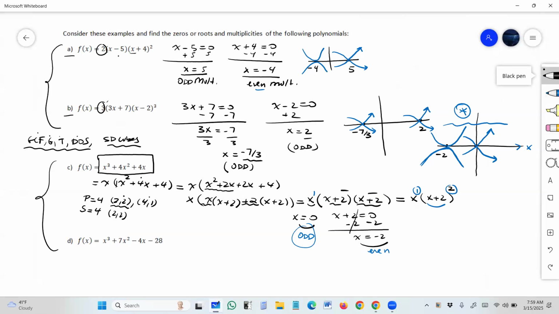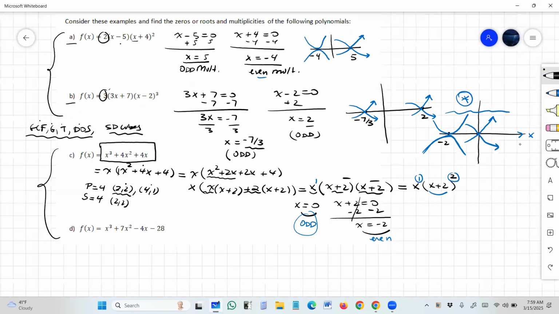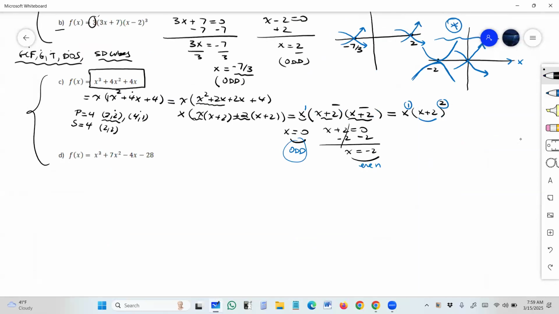All right, very good. So one last question for us to do, which is similar to question C. I'm going to have to try to factor this because it's not in fully factored form. And because it has 4 terms, I'm going to apply grouping. So I'm going to group the first 2 and group the second 2.